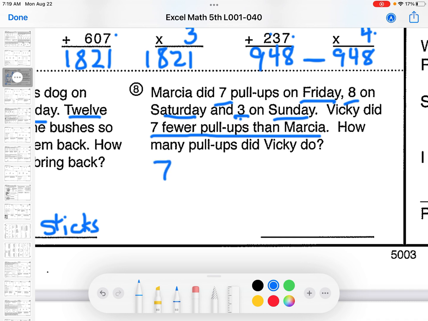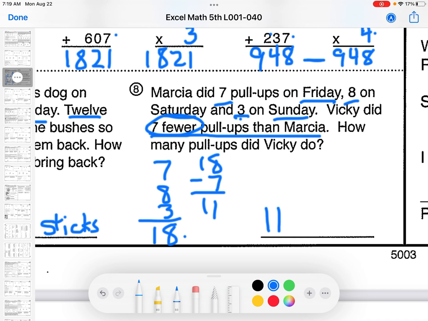And she did 7 on Friday, 8 on Saturday, and 3 on Sunday. If you add that up carefully, you get 18. And then if Vicky did 7 fewer, what is 7 fewer than 18? Let's find out. 7 fewer makes 11.